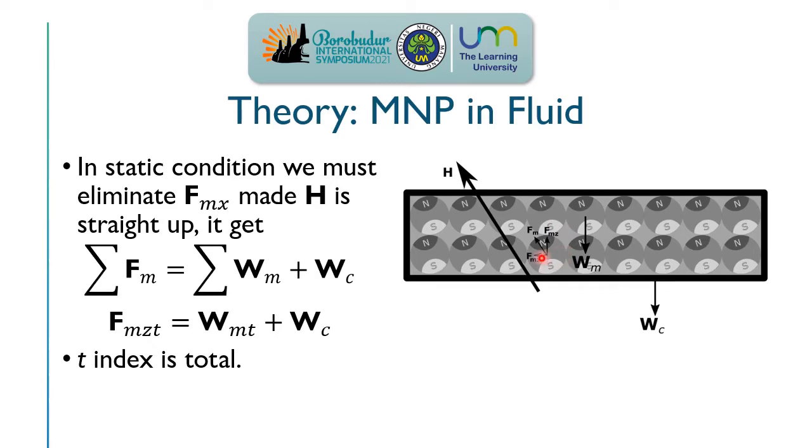We must remove this direction of Fmh. So this is Vm, this is one MNP, and Vmt means the total of MNP in the container. And Wg is the weight of the container. T is the total index.